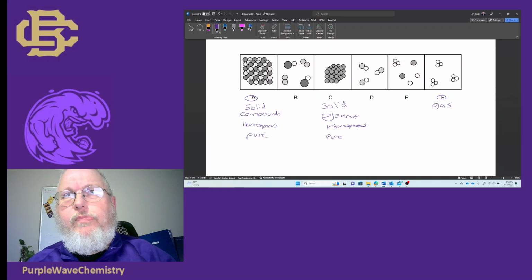They're all the same, but they're all three compounded. Are these compounds? Are they elements? I would have to say that these are elements of some sort, because they're all the same. Now, this also looks homogeneous. And it's a gas, and you can have homogeneous gases.